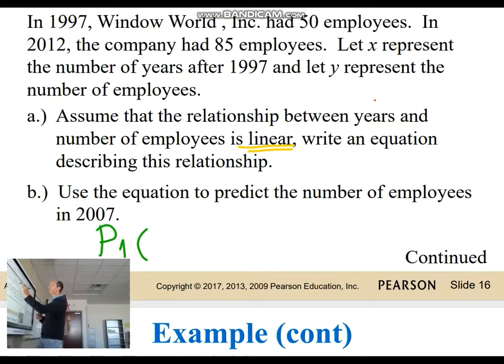For point 1, Y1 is 50, and the year is going to be year 0. 1997 is year 0. So X1 equals 0, and this is Y1. 0 and 50.